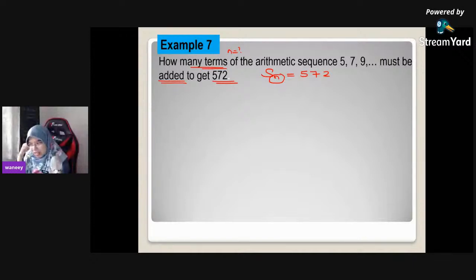Oh, Fang pun dah dapat. Fang Ayi pun dah dapat. Ya, berapa orang dah dapat ni? 1, 2, 3, 4. Adakah anda pasti jawapannya 22?